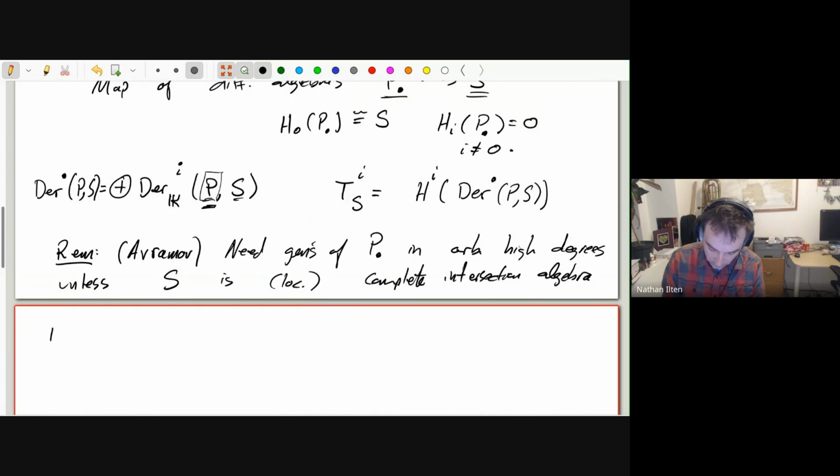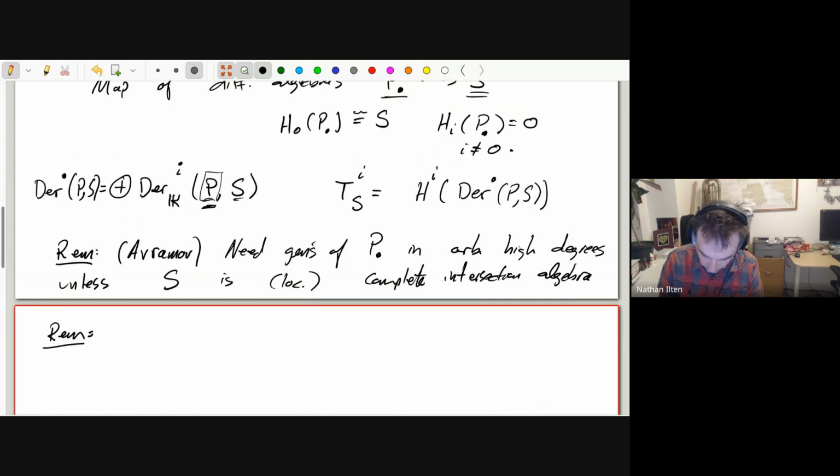The second remark I wanted to make connects this to Hochschild cohomology, because I know there's a bunch of people in the audience who think about this. So in the commutative setting, Hochschild cohomology actually has a direct sum decomposition called the Hodge decomposition. And this cotangent cohomology shows up as a direct summand in this decomposition.